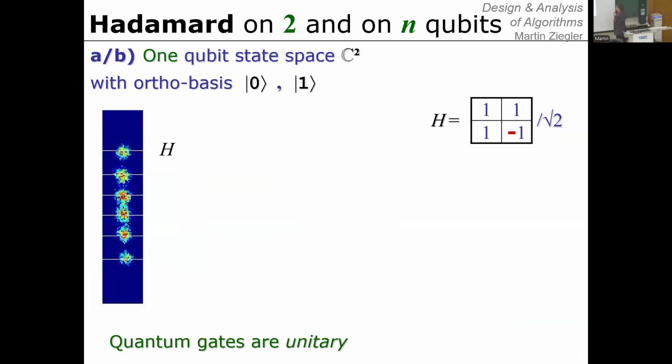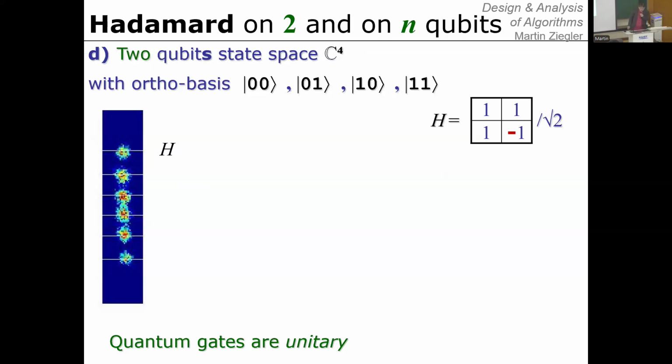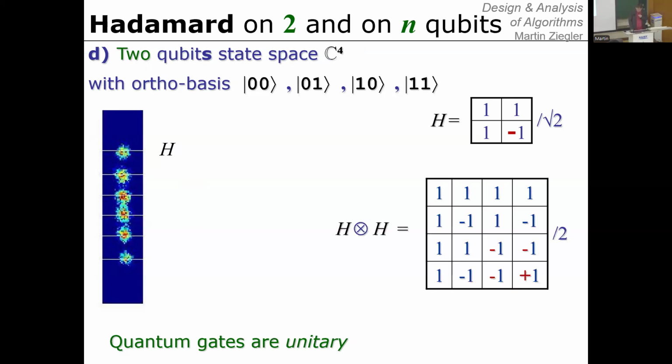And we did talk about Hadamard gates on 2 and more qubits. So Hadamard gate on 2 qubits. These are the possible values for a 2-qubit system. This is the matrix of the 2-qubit Hadamard gate, unitary, 2-qubit. And this is where parallelism happens, right? So here, these two Hadamard gates operate concurrently.